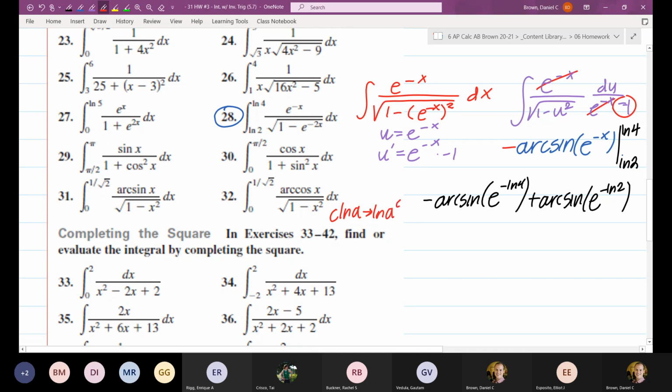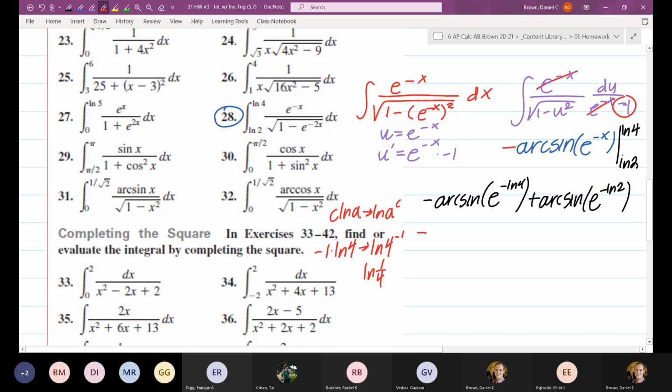So the negative natural log of 4 is -1 times the natural log of 4. That's the same thing as the natural log of 4 to the -1st power. Well, 4 to the -1st power is the same thing as 1/4. You're sending that 4 back into the denominator.